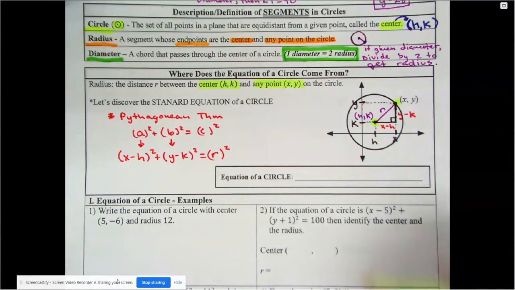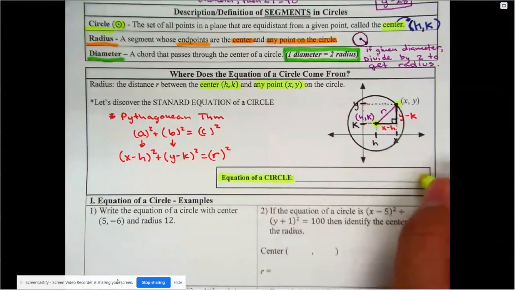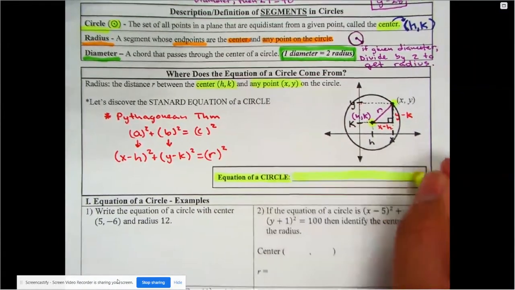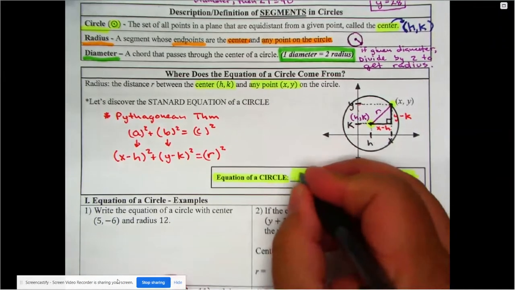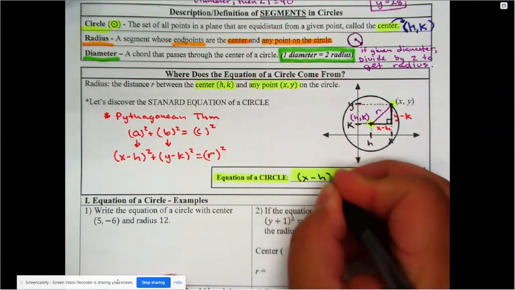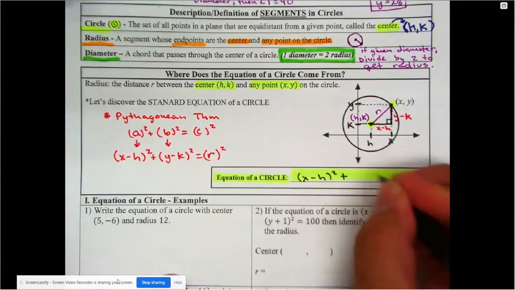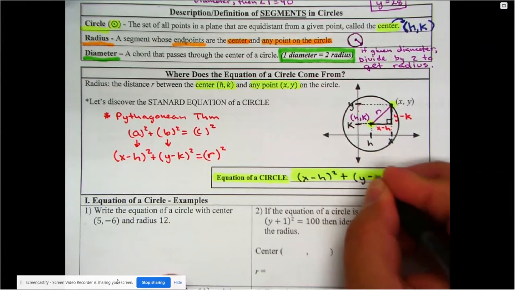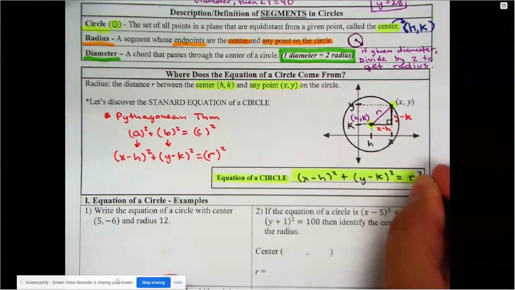So we're going to highlight here first. The equation of a circle is officially, all right, so here it goes. X minus h squared, and yes, the original has to have a minus, plus y minus k squared, and it equals the radius to the power of 2.